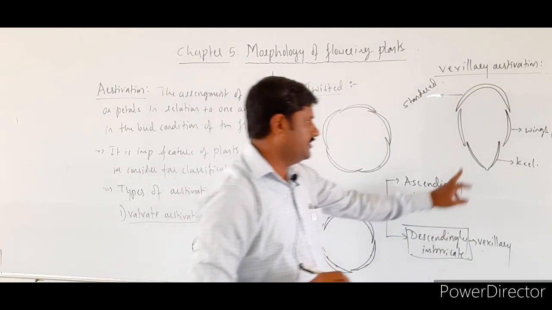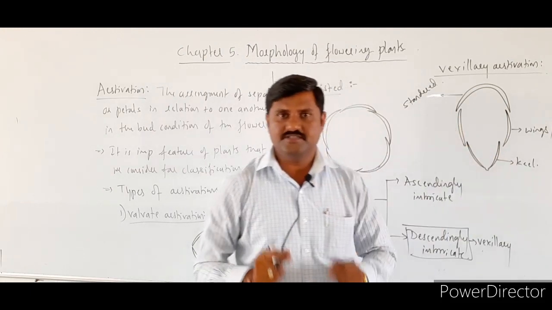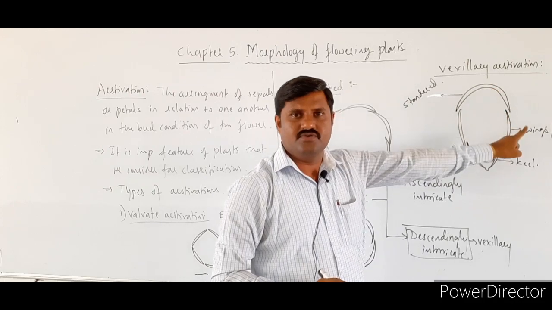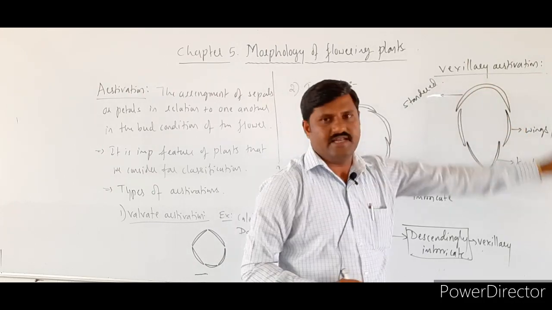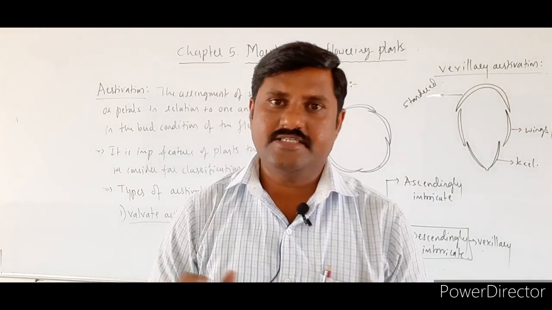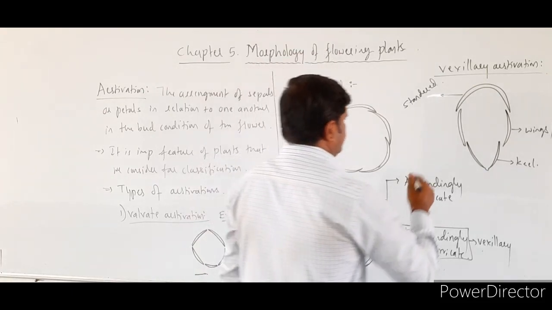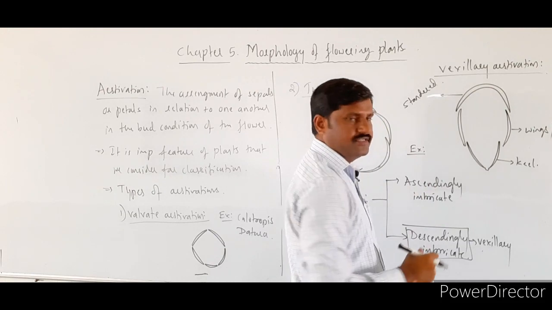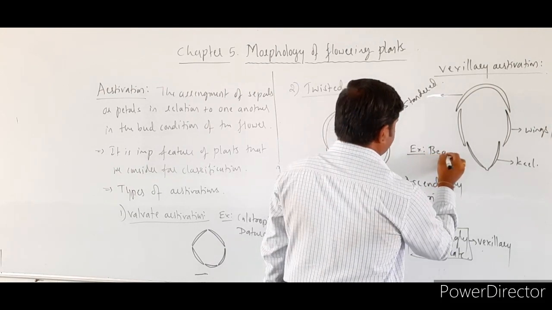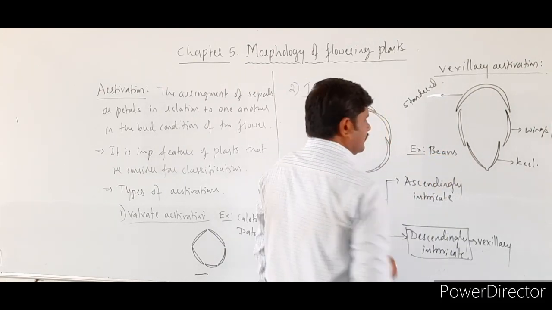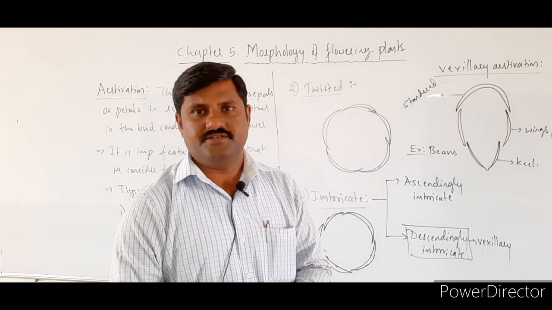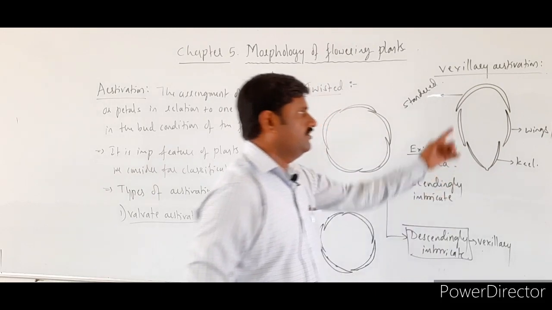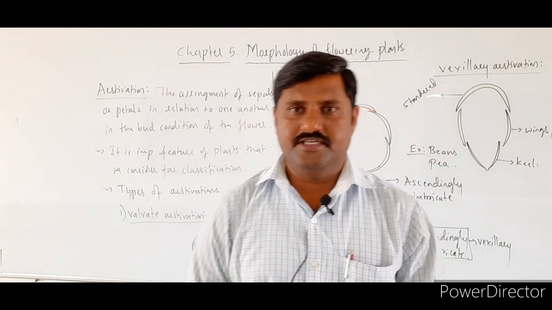Both of these two small petals are fused to each other, and this kind of estivation is known as vexillary estivation. The best example for this kind of estivation is seen in the flowers of beans, right? In the case of beans, or in the case of pea, you will find this kind of estivation.